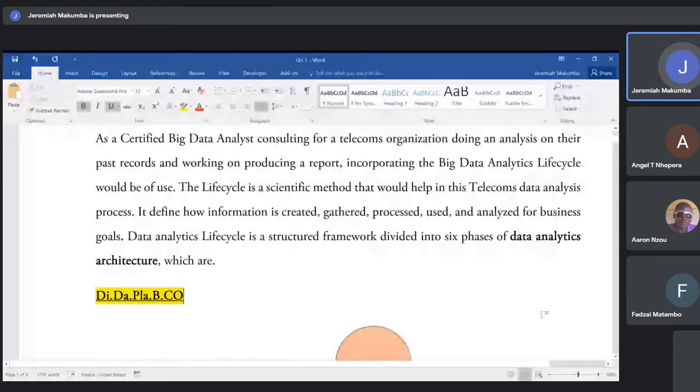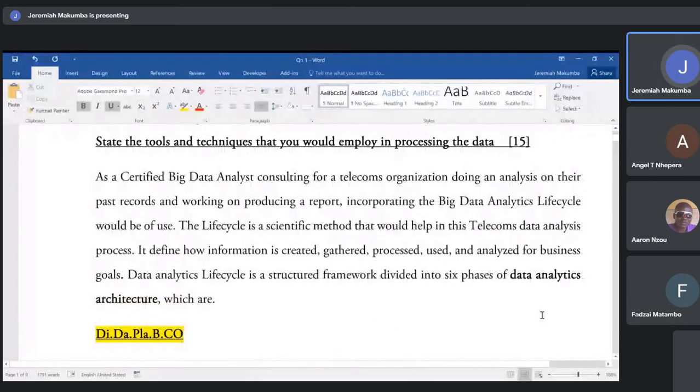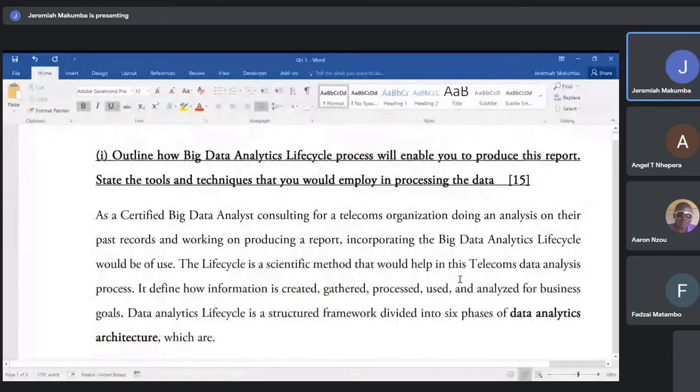Much of my presentation will be on application of the big data analytics lifecycle, which I will be shortening to BDAL, into enabling us to produce this report and stating the tools and techniques that I would employ in processing the data.